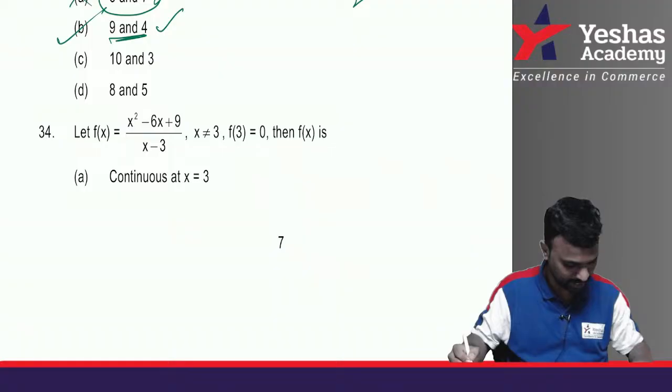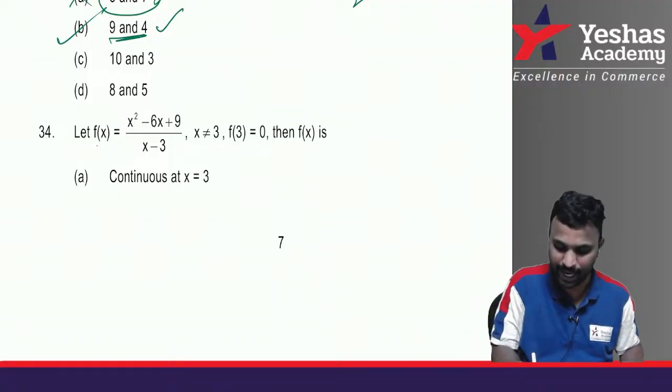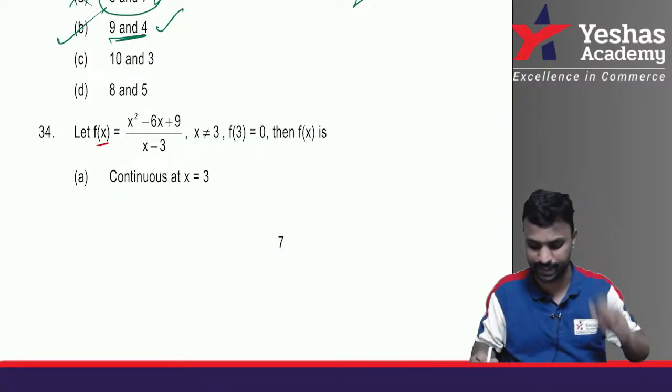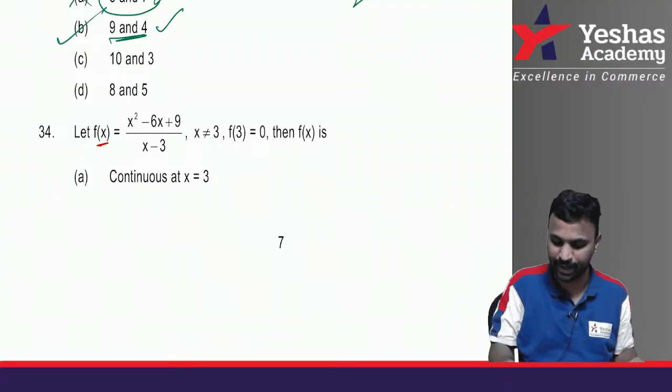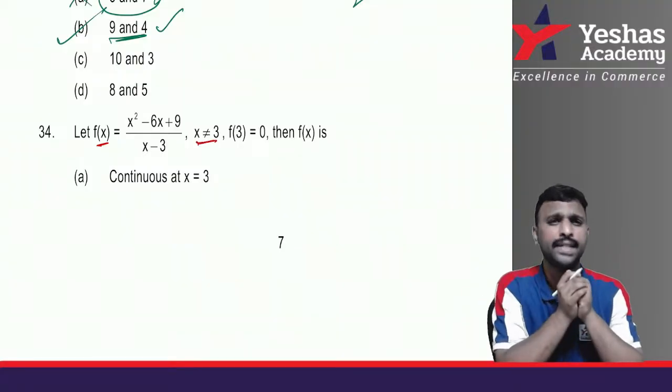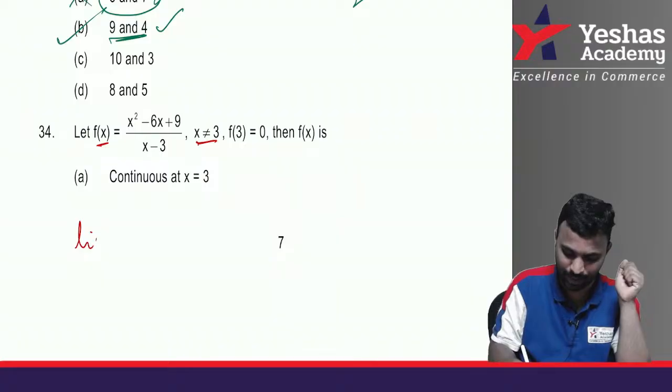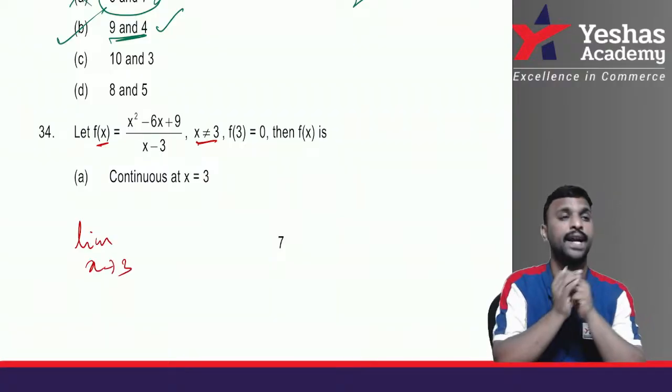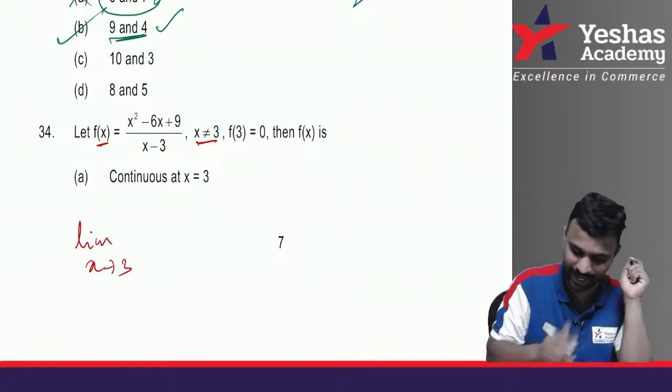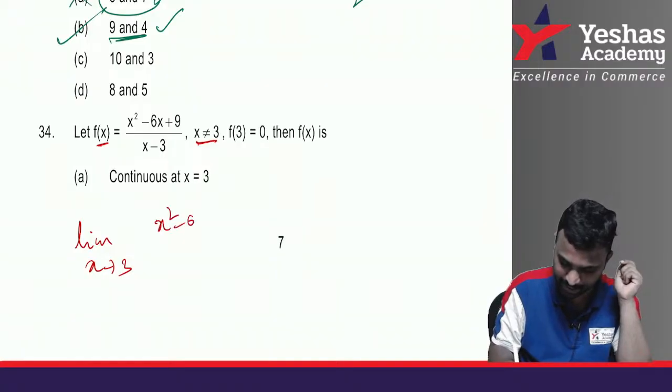Guys, moving on to the next question. Let f of x be equal to x square minus 6x plus 9 divided by x minus 3 for x not equal to 3. Guys, x not equal to 3 means limit x tends to 3. Please understand, x not equal to 3 means limit x tends to 3 of x square minus 6x plus 9 divided by x minus 3.